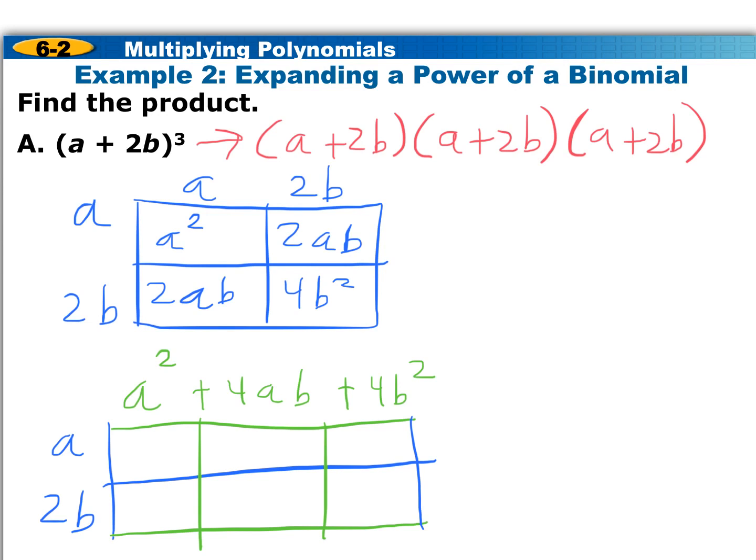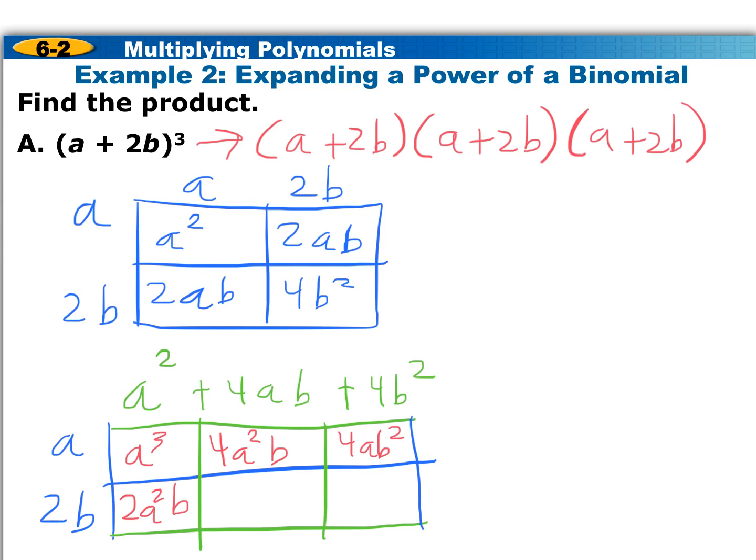So we can go ahead and multiply that by the third piece. So we've already multiplied the first 2, now we can multiply the last one. We're going to have a times a squared is a to the third. A times 4ab is 4a squared b. A times 4b squared is 4ab squared. On the bottom row, 2b times a squared, we want to write this in alphabetical order.